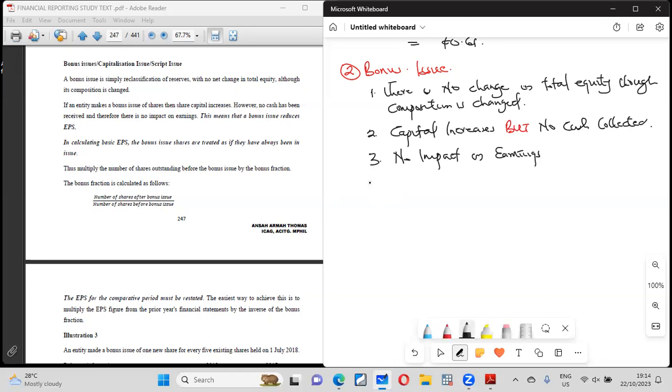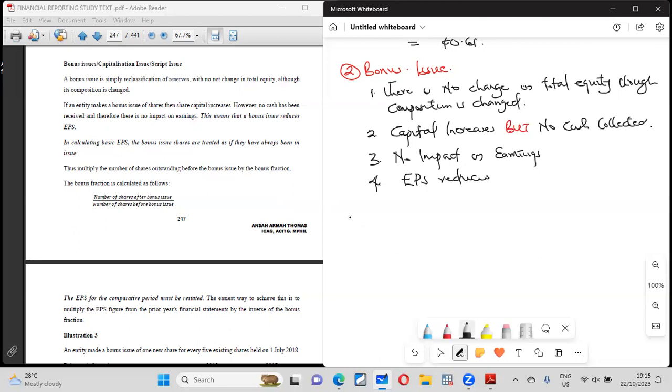The key thing is that because of that, the numerator, which is the profit, hasn't changed, but the denominator, your number of shares, has increased because people have received additional shares. And so your earnings per share will reduce.